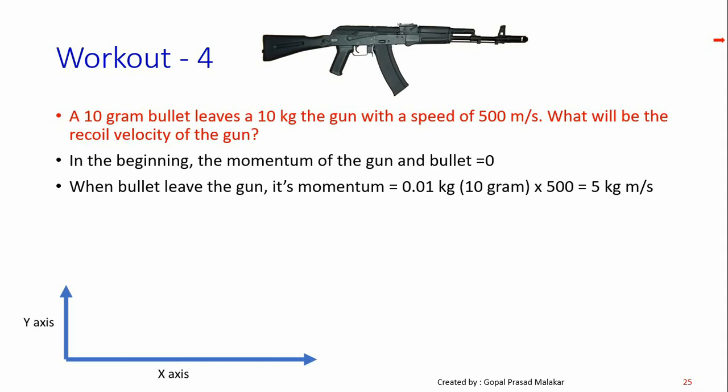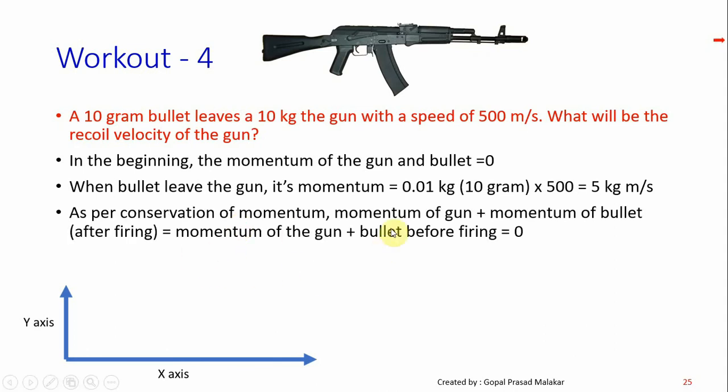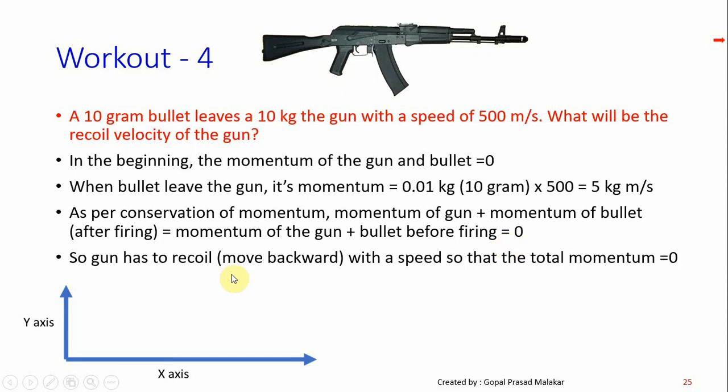But as per the conservation of momentum, the momentum of gun plus momentum of bullet after firing has to be equal to the momentum of gun plus momentum of bullet before firing. Before firing, the momentum of these two is 0. So the momentum of gun and momentum of bullet again has to be equal to 0. But the momentum of the bullet is in this direction, so the momentum of the gun has to be in the opposite direction so that they cancel out.